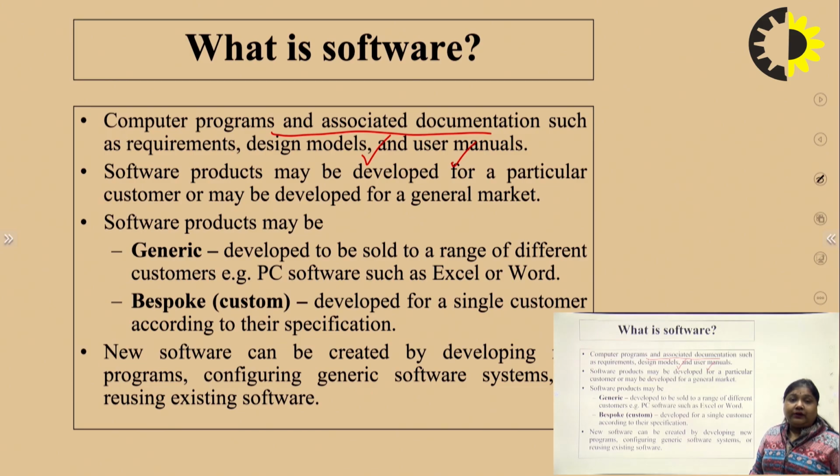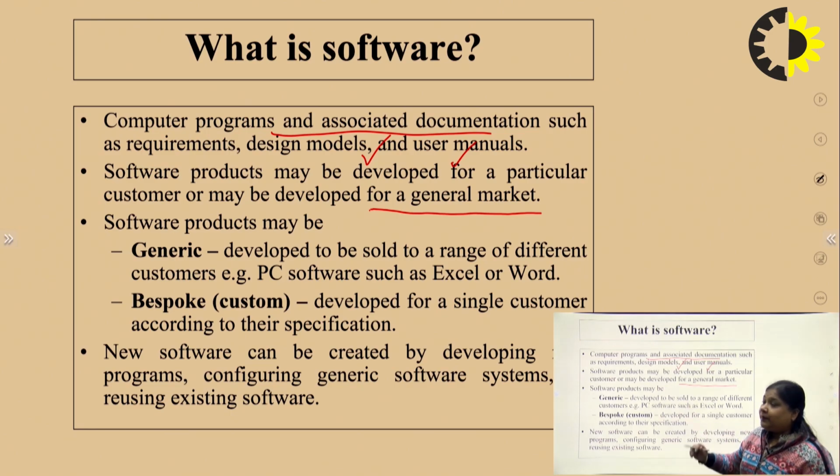Software products may be developed for a particular customer or for a general market. A software engineer can develop software products according to the need of a particular user or client, or he can produce software for a generalized purpose that can be used by many customers.